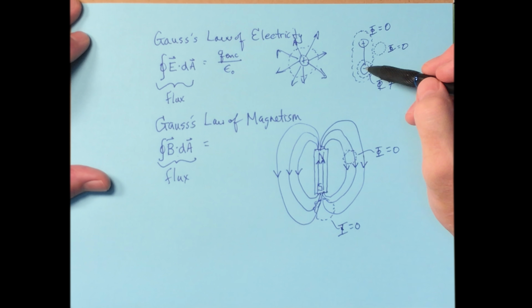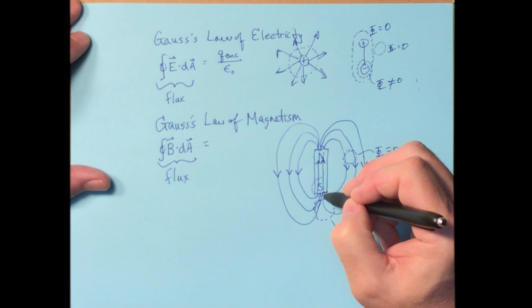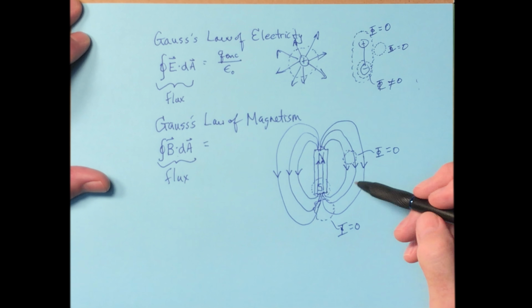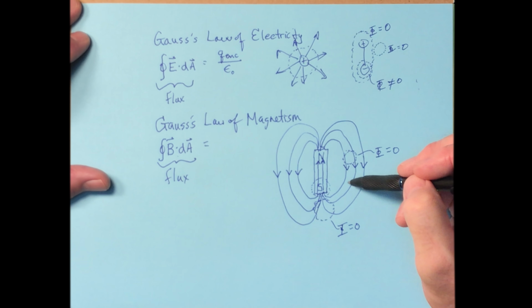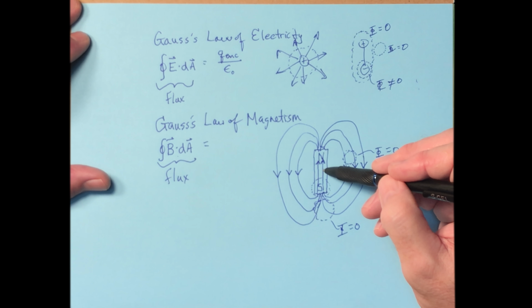All right, well, can we do what we did up here? Can we enclose the equivalent of a charge for magnetism? Because when we enclosed a charge up here, we got a non-zero flux. What about if I enclose a pole? Well, this is a difference between electricity and magnetism. Look, the magnetic field lines coming into this Gaussian surface are equal to those coming out.